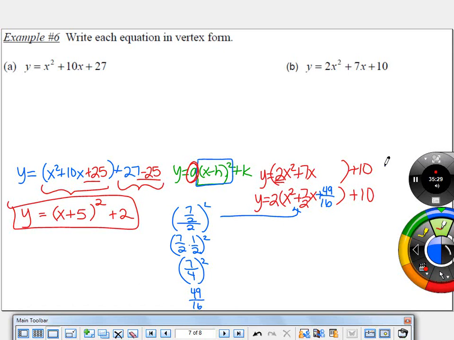Where is he getting that from? Michael? Yeah, it was here. I wrote 49 over 16, but what's really happening to that? It's getting multiplied by 2. So my pencil might have written the number 49 over 16, but I actually added an amount of 49 over 16 times 2. Does that make sense to everybody?